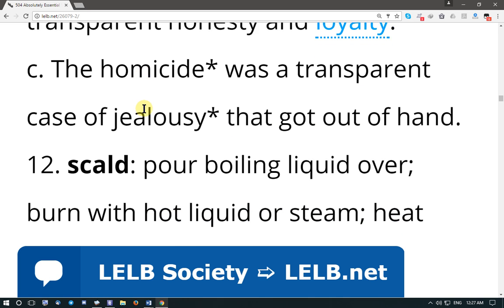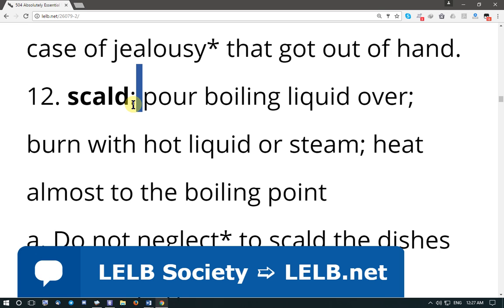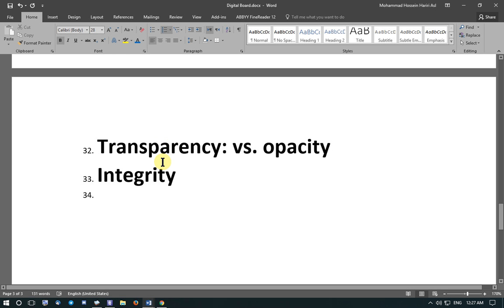And the last word is scald. It means to pour boiling liquid over, to burn with hot liquid or steam. Scald. There is another word that has something to do with burning, and that is scorch.